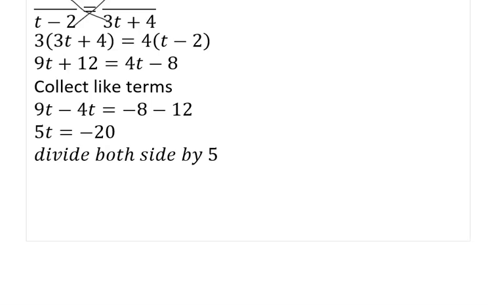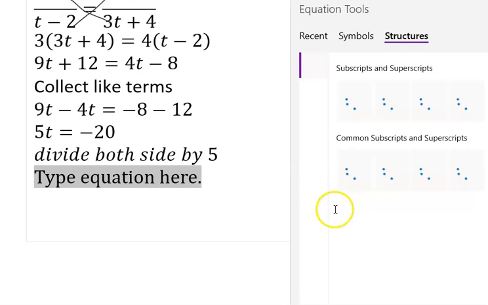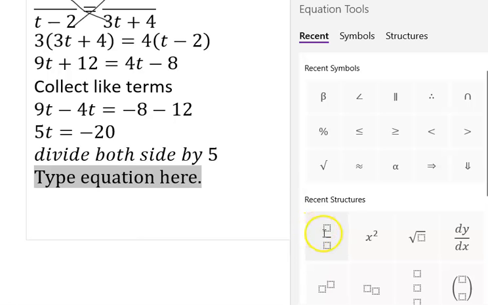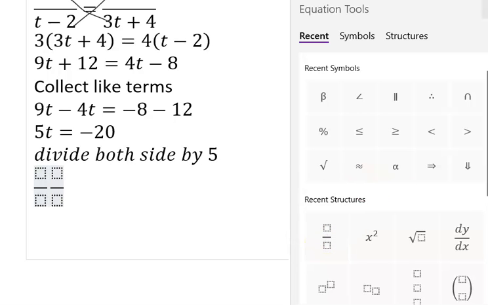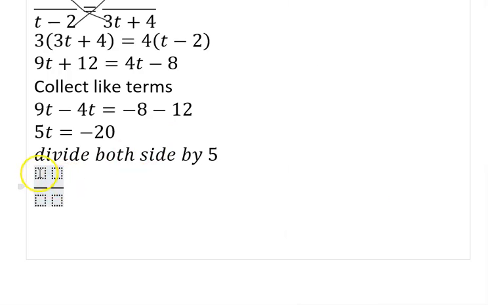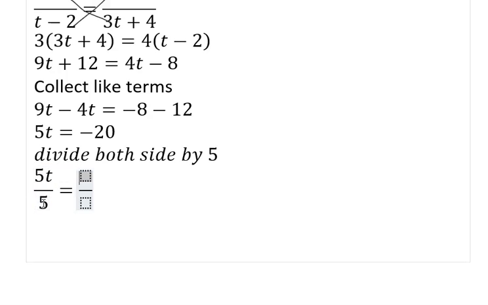Let's get the template. Beautiful. So here we have 5t. We are dividing both sides by 5. Here we have minus 20. We are dividing both sides by what? 5.